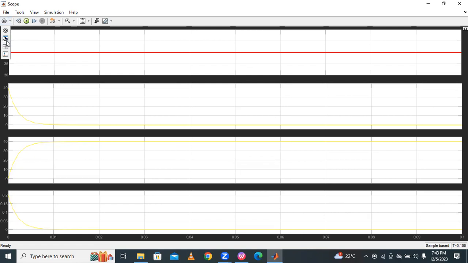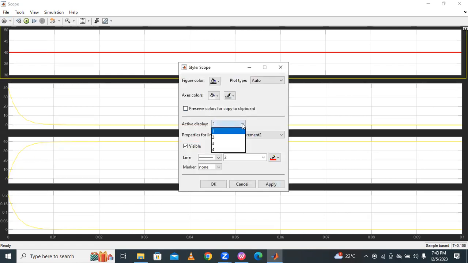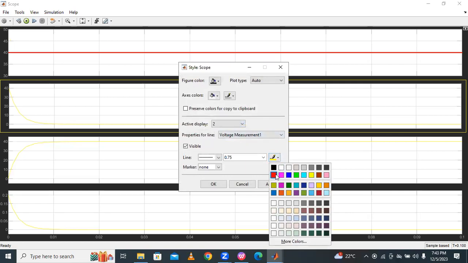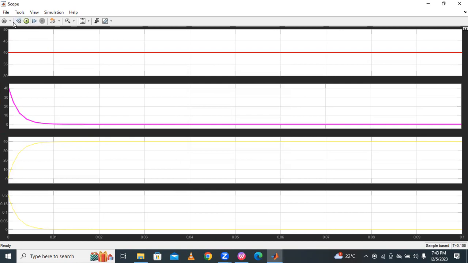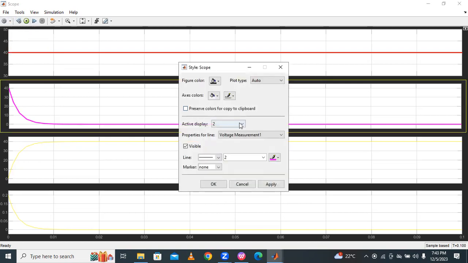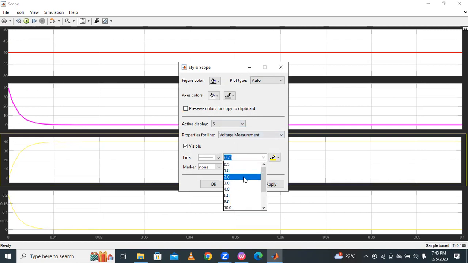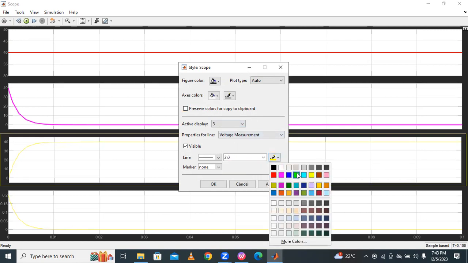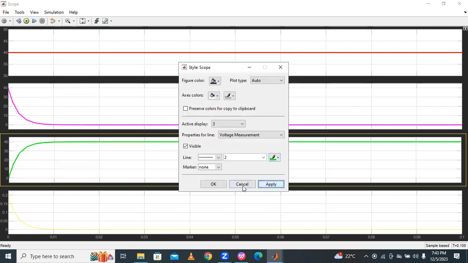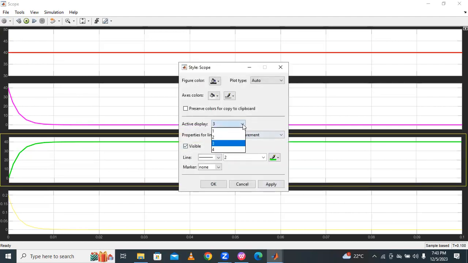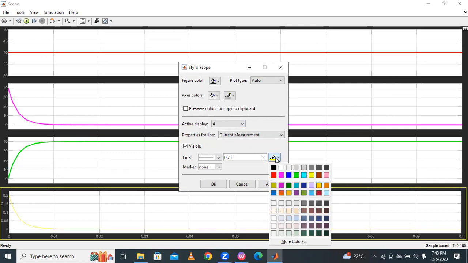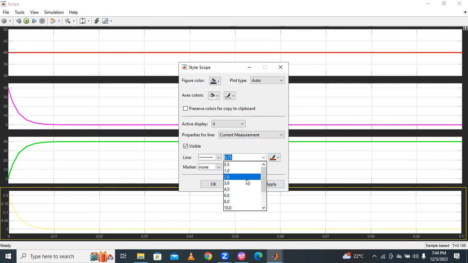Next, active display 2, change the color and thickness of this waveform, then apply. Next, active display 3, change the thickness and color. And then active display 4, change the color of this.